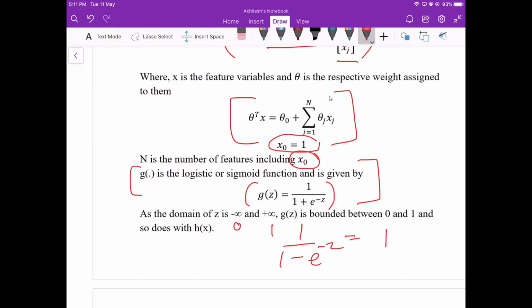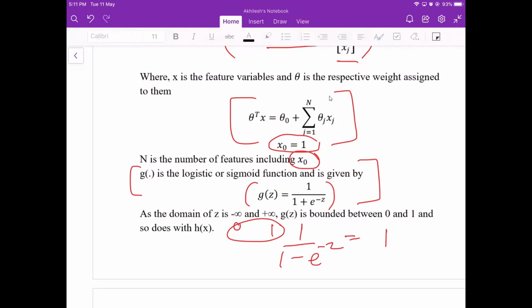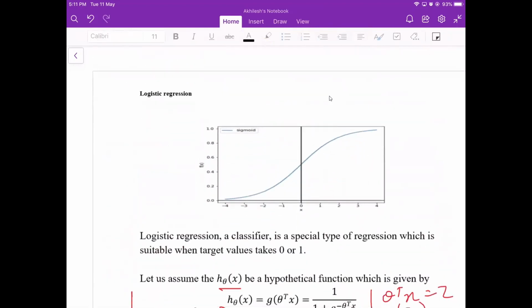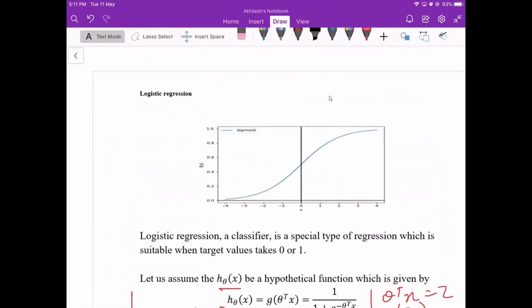So when z goes from minus infinity to plus infinity, the sigmoid function goes from 0 to 1, and the function looks like this. Here is the z axis, and this is f of z.